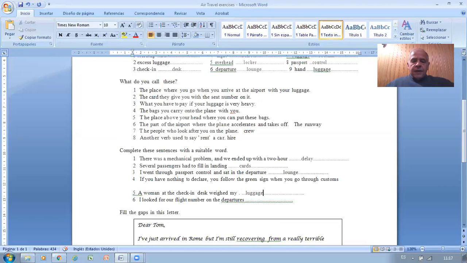Then number 6. I looked for our flight number on the departure board. Or you can say departure screens. When you arrive at the airport, there is a list of flights on big screens or boards. You have to check if your flight is correct with your ticket.